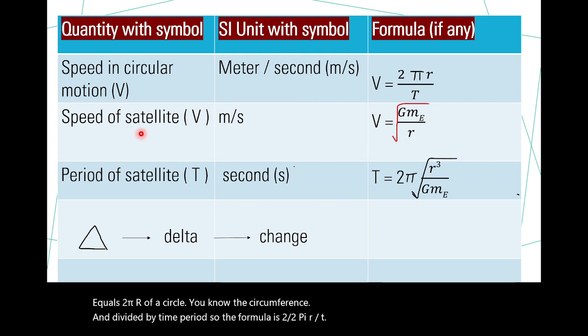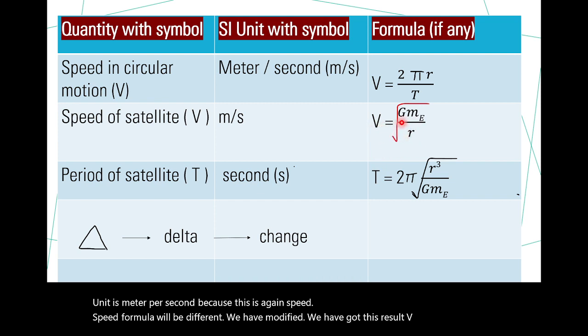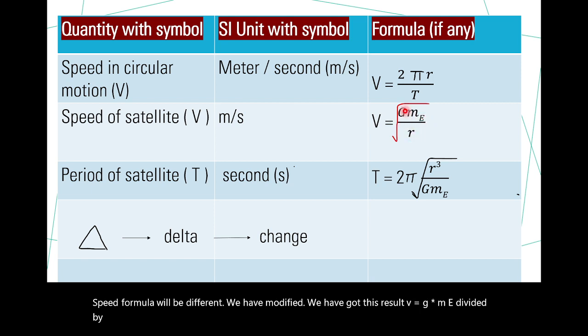Next formula is speed of satellite. The unit is meter per second because this is again speed. The formula will be different. We have modified it and got this result: V equals the square root of G times M e divided by R, where G is the same constant, 6.67 times 10 to the power minus 11.